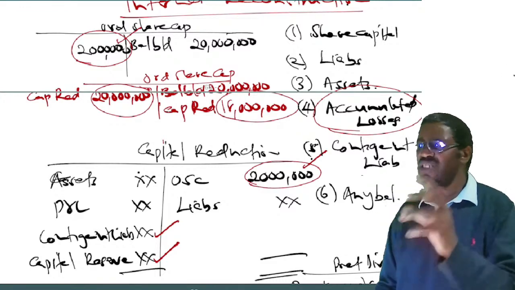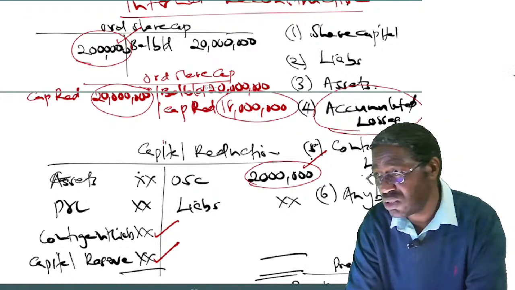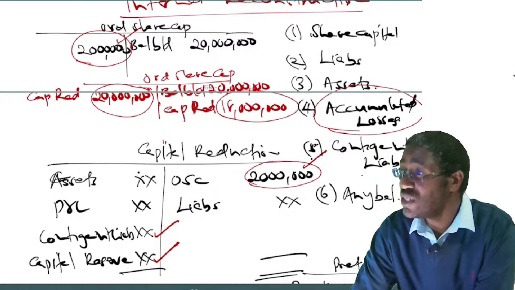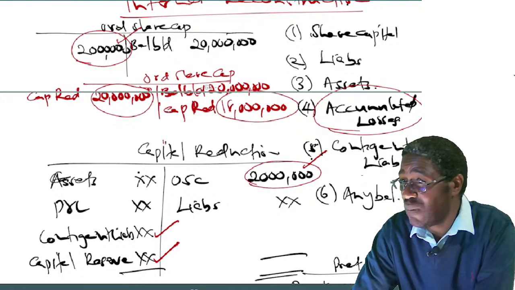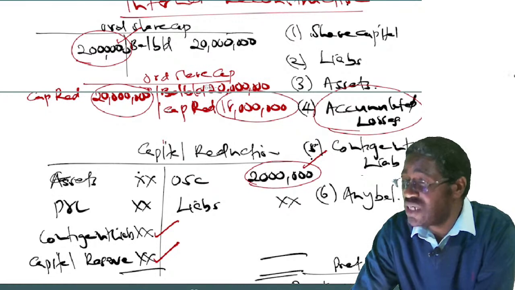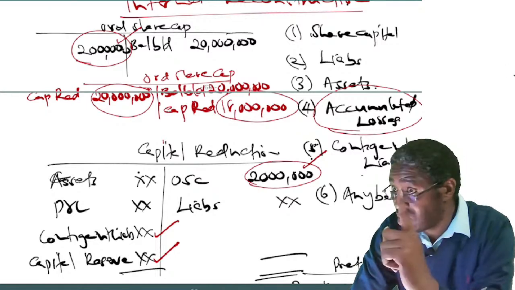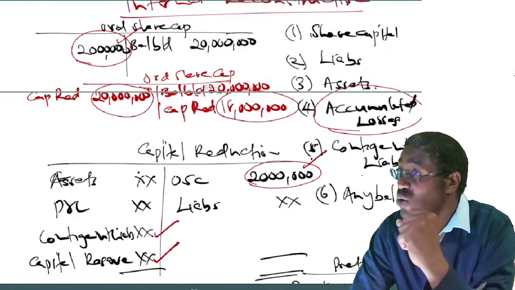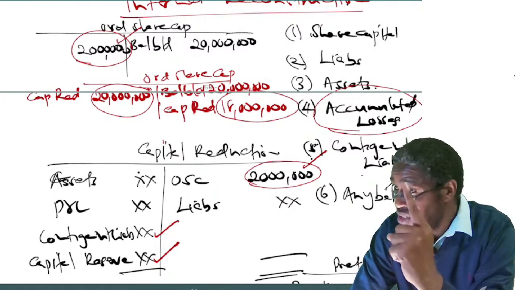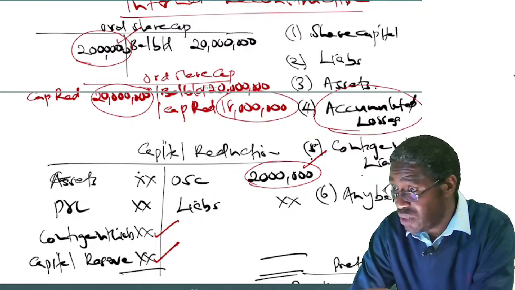When we called in the ordinary shareholders and they said they are willing to write off 2 million, and as a company we debited share capital by 2 million and credited capital reduction by 2 million, the question is, to us as a company, are we gaining or are we losing? Is that a gain to the company or is it a loss to the company?